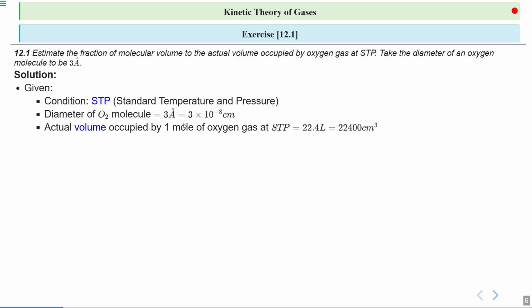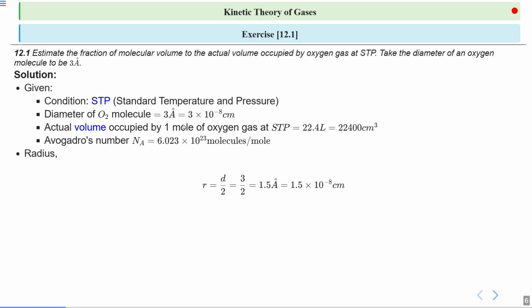Actual volume occupied by 1 mole of oxygen gas at STP is equal to 22.4 liter, which is equal to 22400 centimeter cube. Avogadro's number, Na equal to 6.023 into 10 raised to the power 23 molecules per mole.